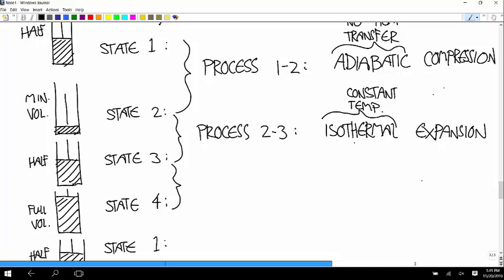So the idea is here for that process from state 2 to state 3, the system is in contact with the hot reservoir, the high temperature reservoir, and it's expanding. Then you shut off that contact with the high temperature reservoir, and the process from state 3 to 4 is an adiabatic expansion.